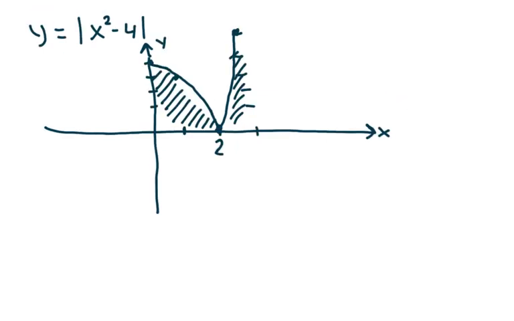So we're going to start with the integral from 0 to 3 of the absolute value of x squared minus 4 dx. I'm going to break this up at 2.